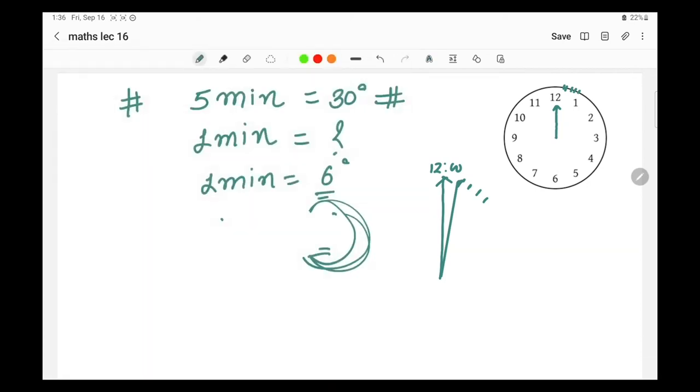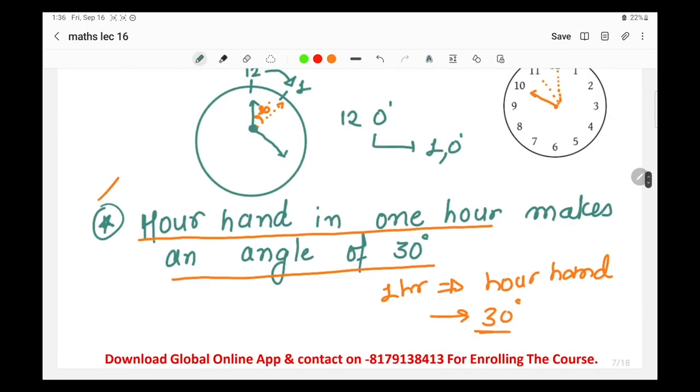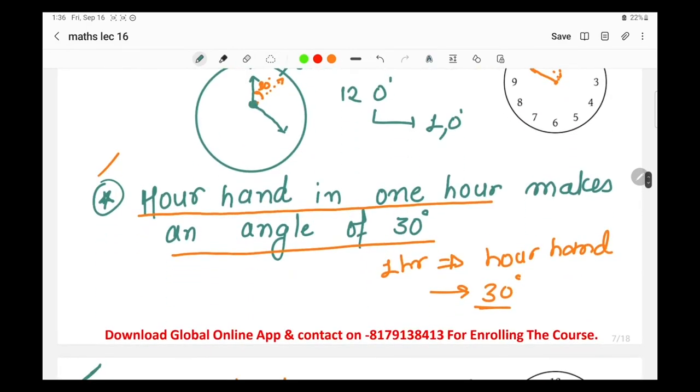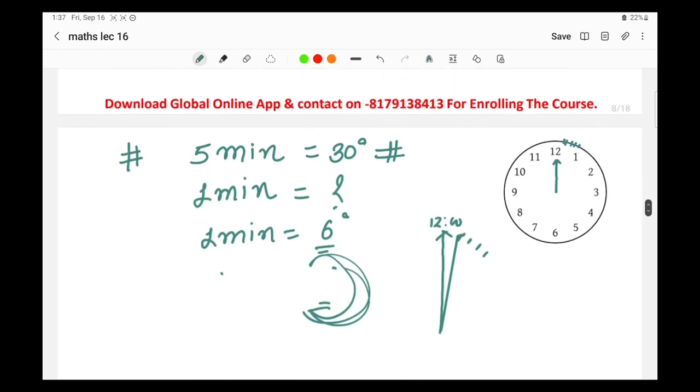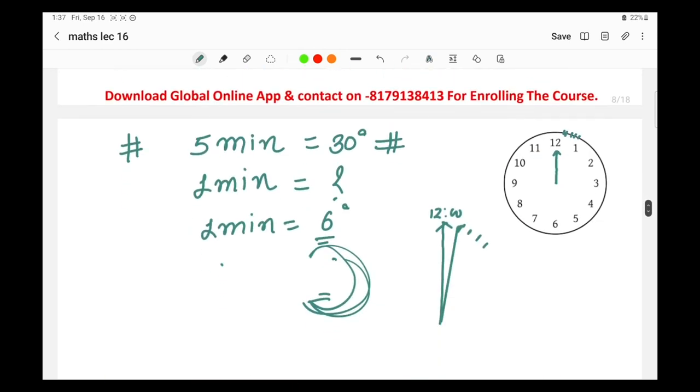Now next, what we have seen till now is that the hour hand in 1 hour is making an angle of 30 degrees, and the minute hand in 5 minutes is crossing 30 degrees. If 5 minutes is equivalent to 30 degrees, then 1 minute will be equivalent to 6 degrees.